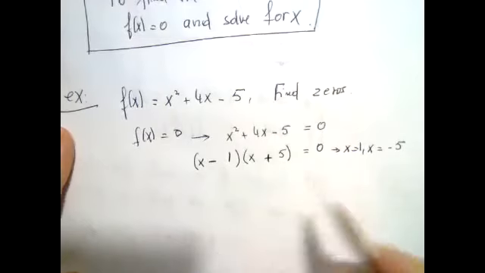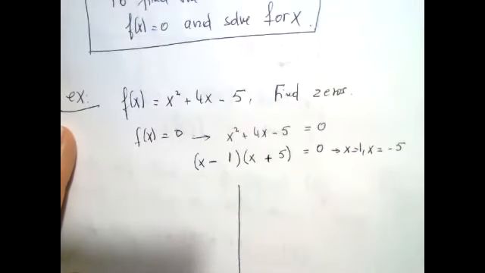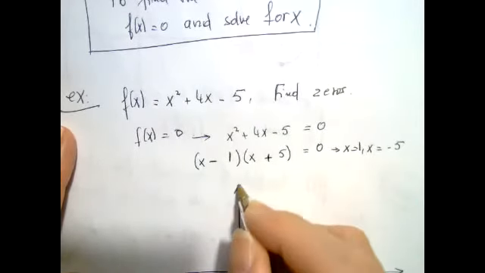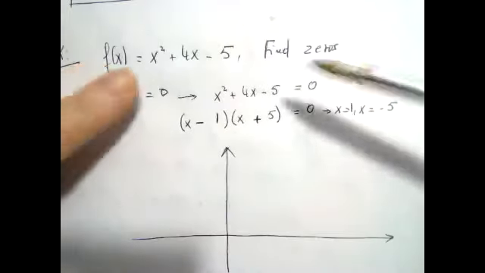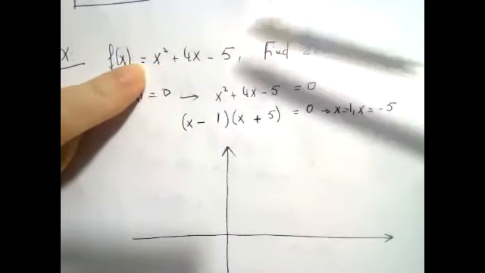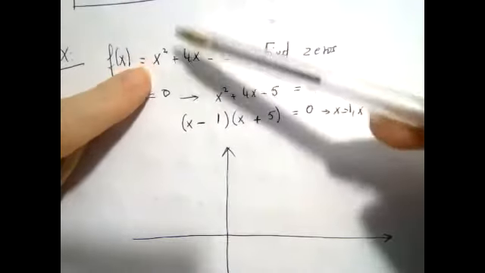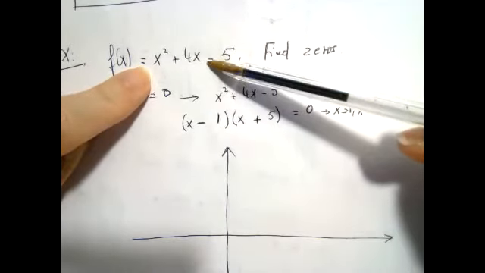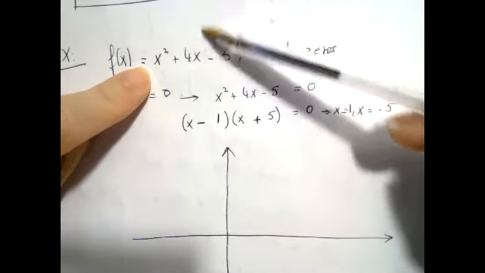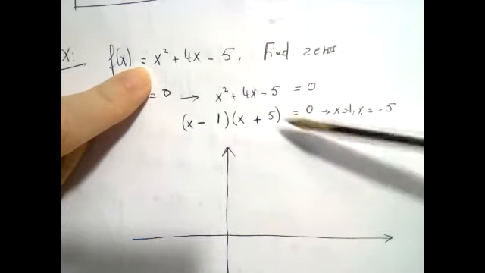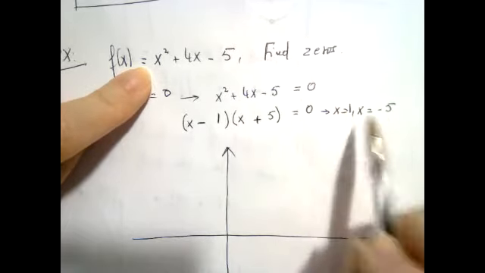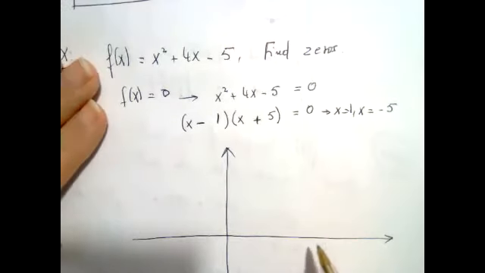And you know, guys, with very little info, we can actually sketch this parabola. We can sketch the graph of this function. We know it's a parabola by now because that's a typical quadratic function, and it's a parabola going up. We know that it is 0 at 1 and minus 5.